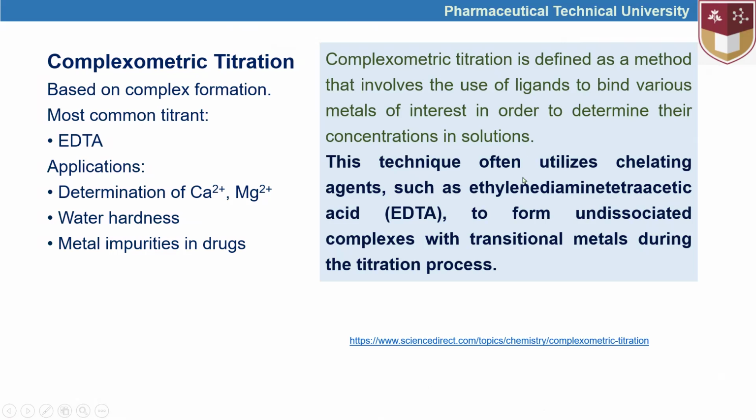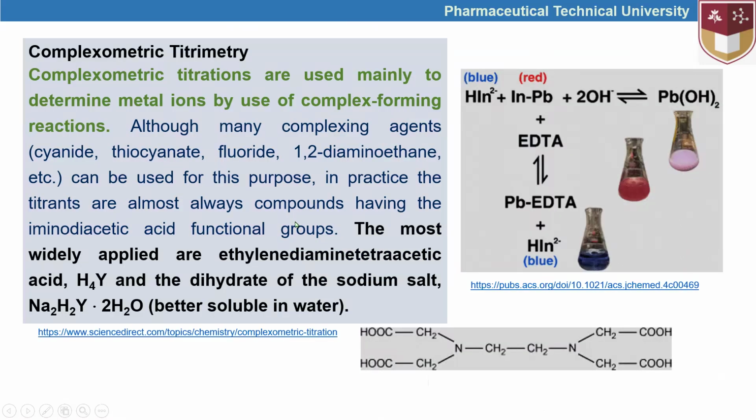This technique often utilizes chelating agents such as ethylene diamine tetraacetic acid, as I said, to form undissociated complexes with transition metals during the titration process. Okay, EDTA can be used for transition metals and for alkaline earth metals as well.